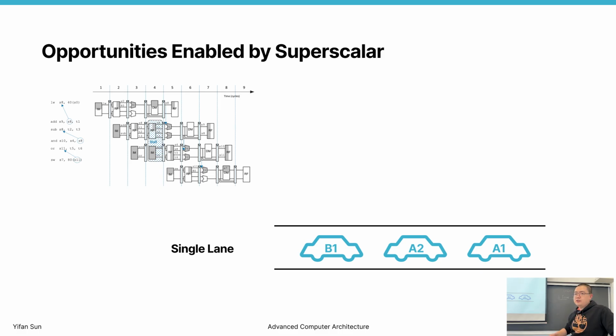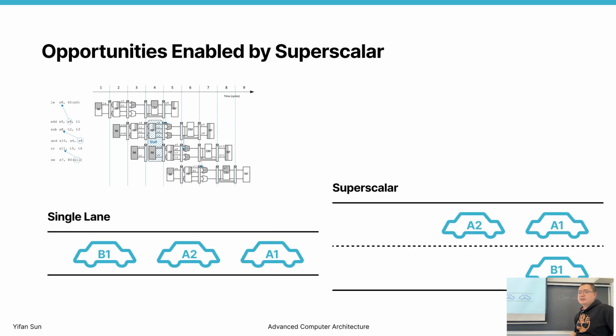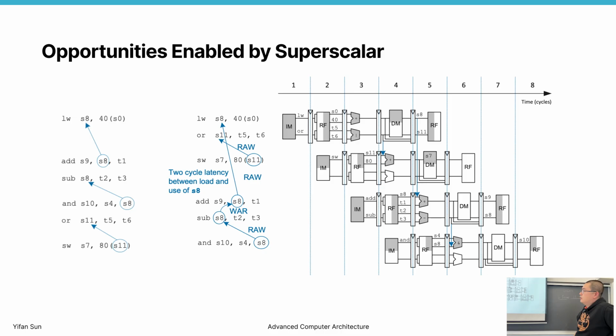If A1 and A2 are slow cars and there's only one lane, there's no way to pass them. But superscalar provides an opportunity to have multiple lanes, so that if there are some slow cars in front, it can actually go faster. In this case, we can reorder these instructions in this way. So I will explain what's going on here.